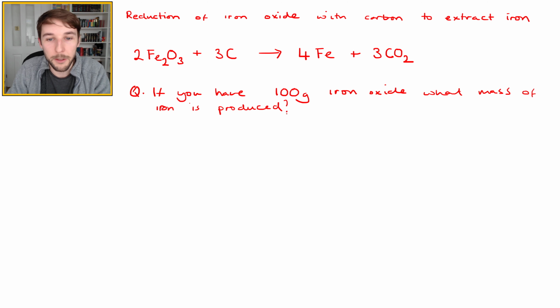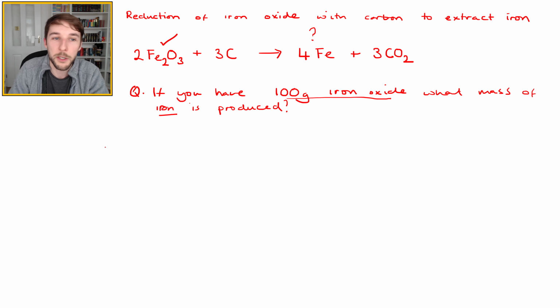So simple question there. Our numbers might not be great, but we're going to see what happens. First of all, we know that we have 100 grams of iron oxide, so we know something about this one here. And we're being asked about iron, so this is the one that we want to try and find something out about.